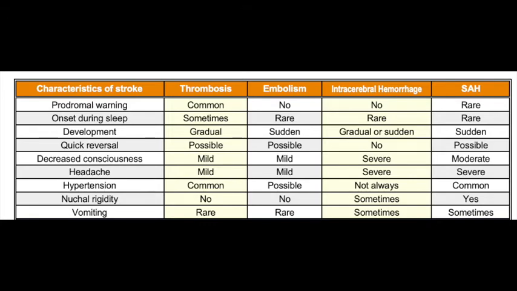So depending on the type of stroke that our patient is having is going to determine the characteristics of that stroke and the signs and symptoms that they are presenting with. The first stroke we're going to talk about is a thrombotic stroke. And these strokes are caused by a thrombus or a blood clot that develops in the arteries supplying blood to the brain.